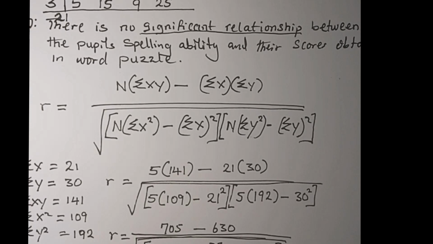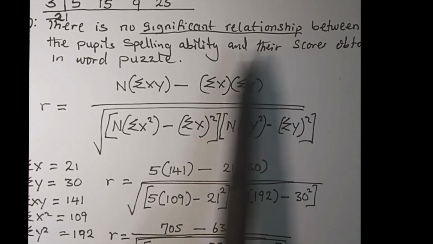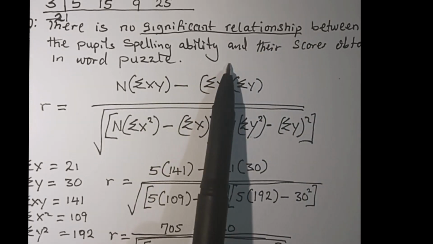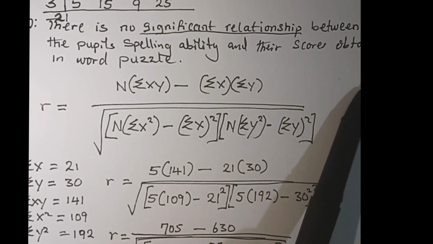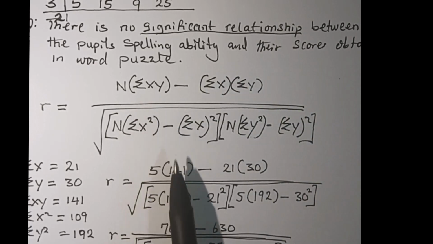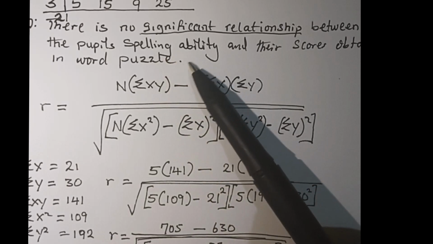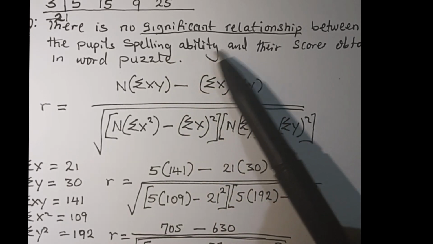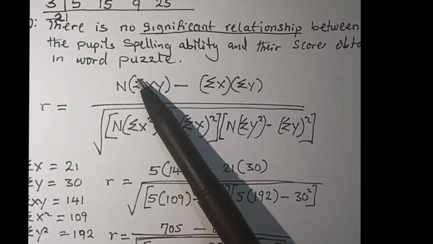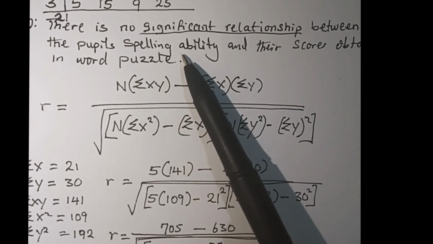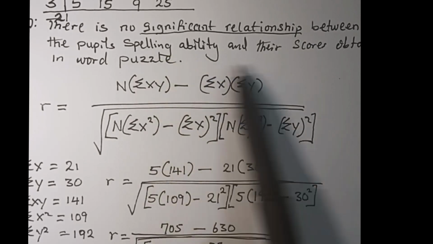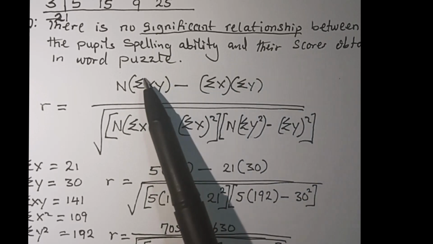Hence, we can conclude that there is a significant relationship between the pupils' spelling ability and their scores obtained in their word puzzle. So therefore, once the pupils have higher ability in spelling, there's a tendency for them to have higher scores in puzzles. And when their spelling ability is low, there's also a tendency for them to have a low score in their word puzzles.